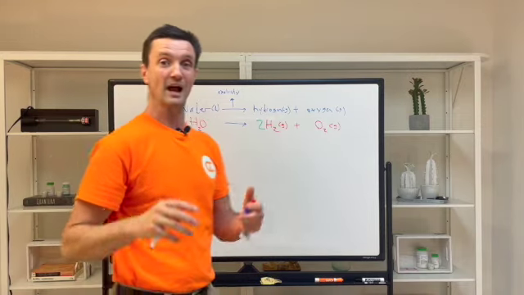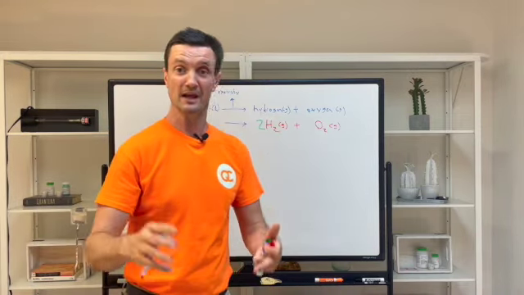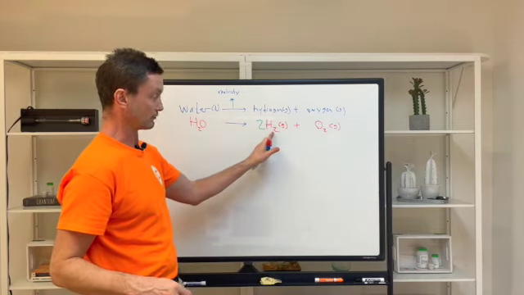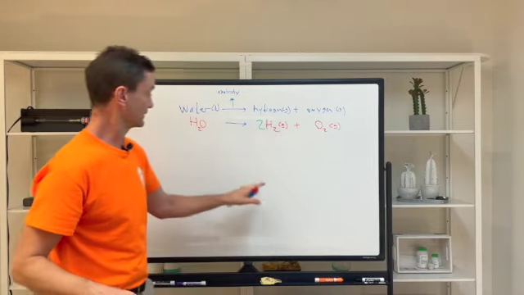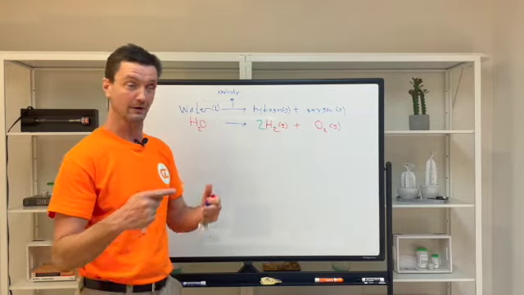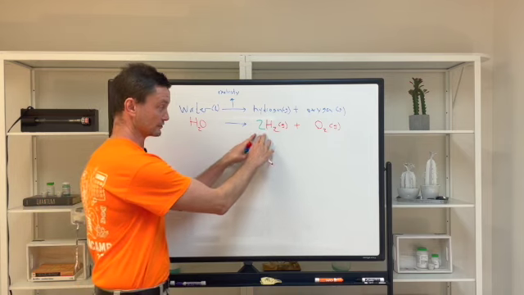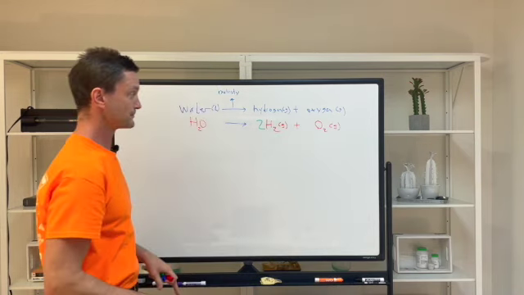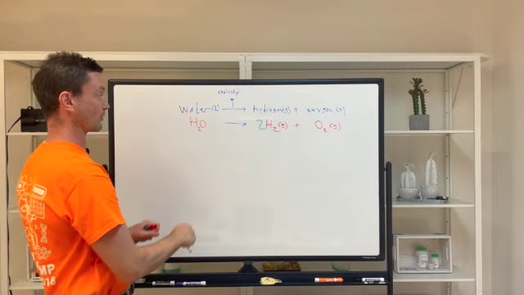And so that was the deduction that was made once the molecular formulas of hydrogen and oxygen were known. So now we know, this is how we deduced this, that the molecular formula of water is H2O. It's because there's twice as much hydrogen produced as there's oxygen produced when you dissociate, break apart water.